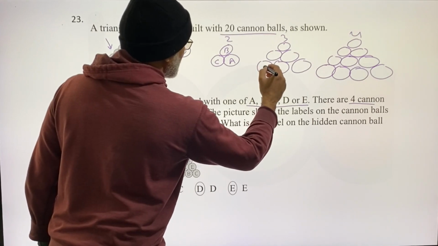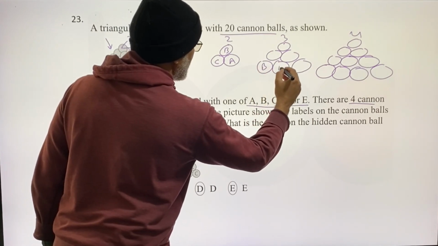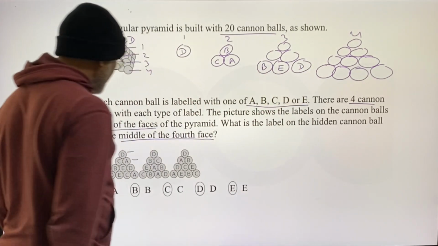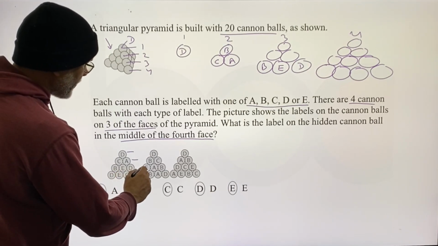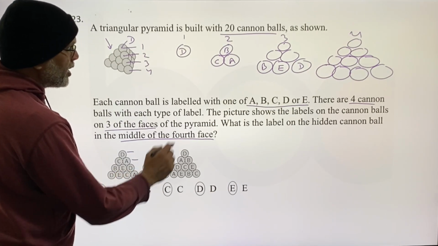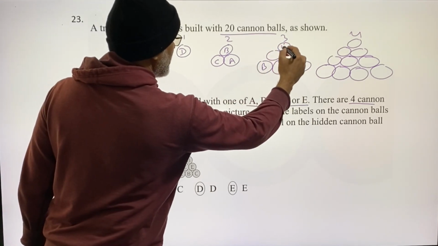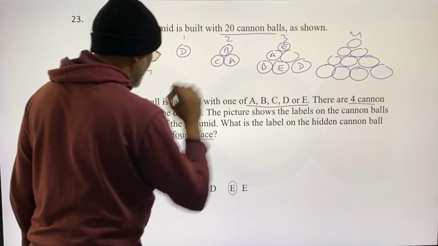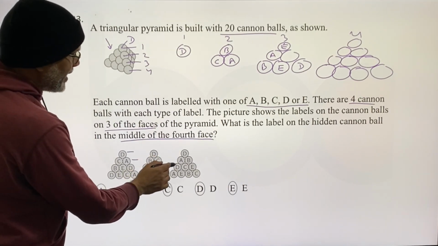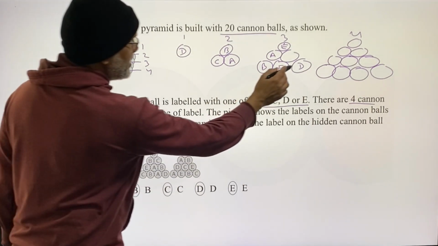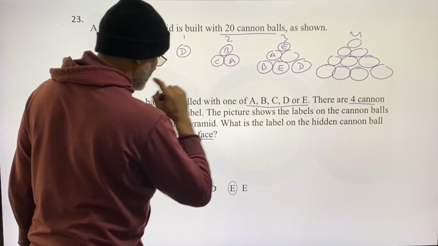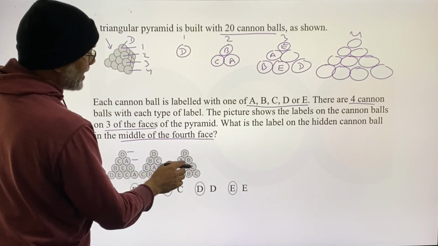I can start from any corner, BED, EAB. So I end up with B. So I'll start with here, E, A, and then B, and then DEC. Yes, DCE.